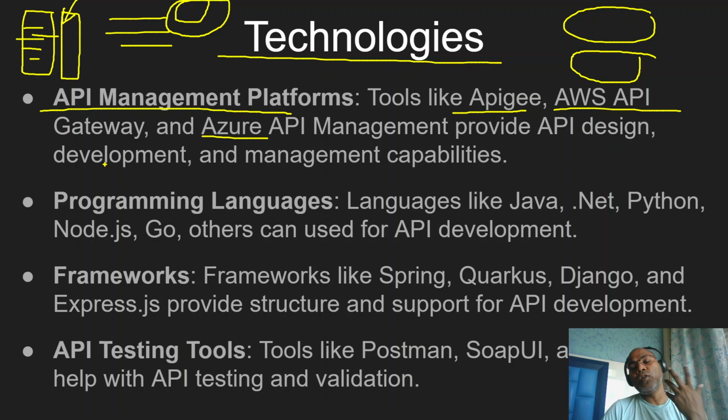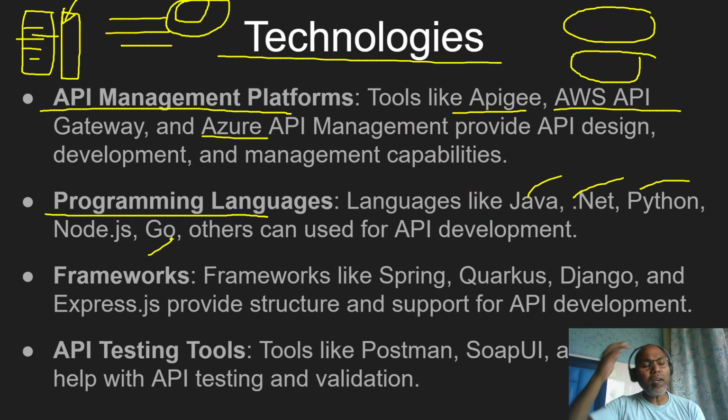And whenever you are going to design an API, you have to choose the programming language, because nowadays almost every programming language allows you to build an API. You can use Java, .NET, Python, Node.js, JavaScript, even Go, and lots of other languages which allow us to design an API. On top of these programming languages, we have lots of frameworks available.